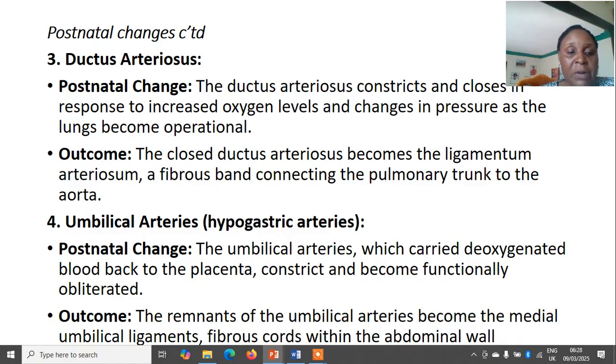Then the umbilical arteries, or the hypogastric arteries, which carried the deoxygenated blood back to the placenta, will also constrict and become functionally obliterated. The remnants of the umbilical arteries become the medial umbilical ligament.